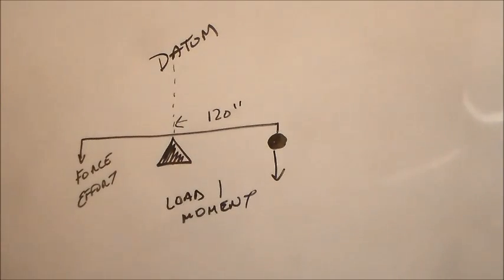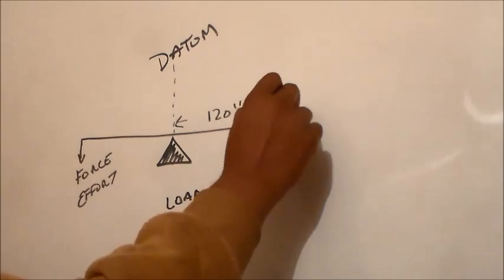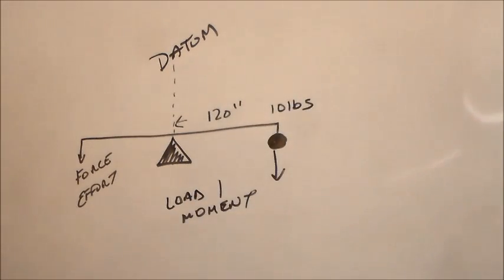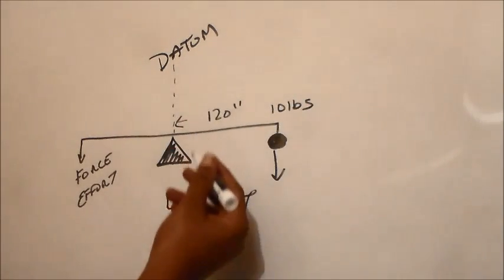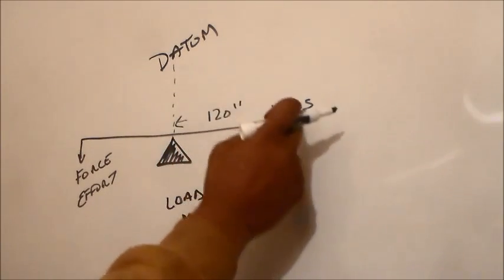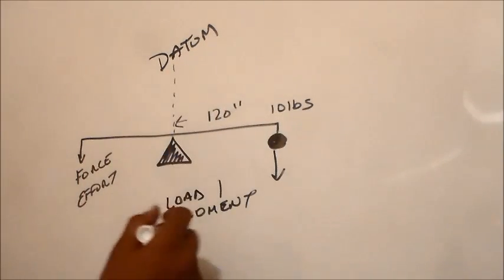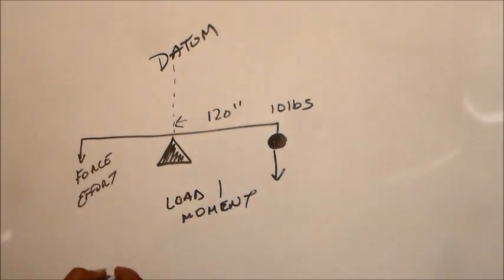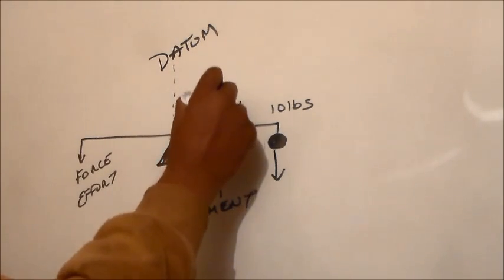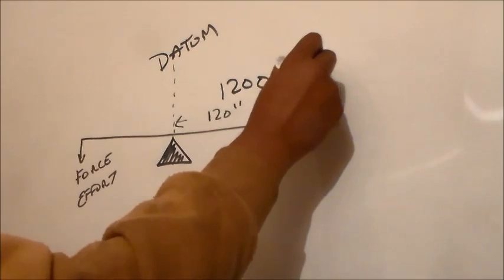And let's say that this bowling ball is 10 pounds. Then the load moment is a combination of the distance and the pounds. So, what do we have? 120 inches, 10 pounds, 1,200 pound inches.